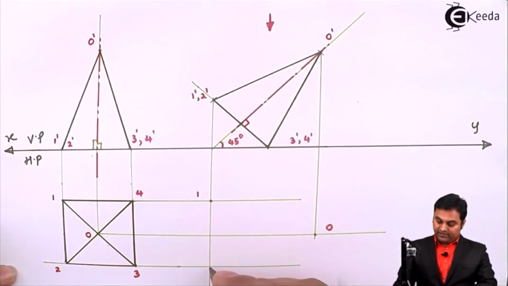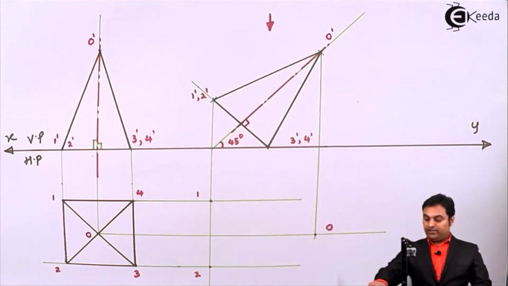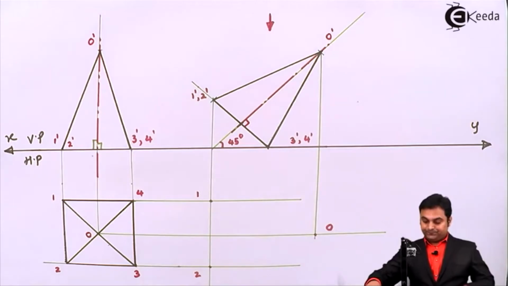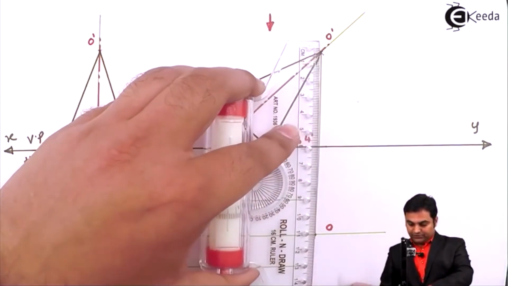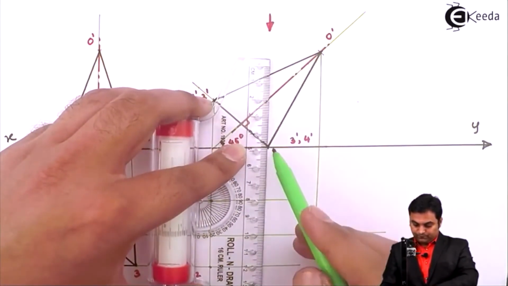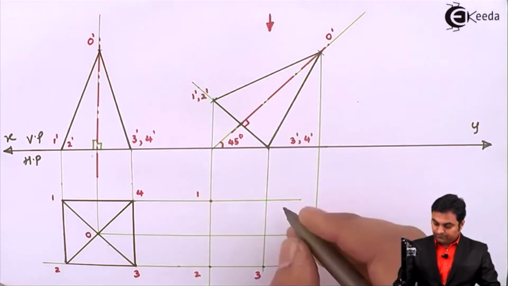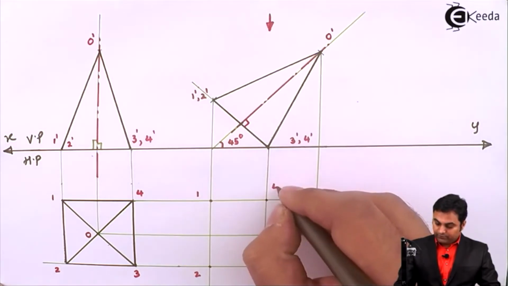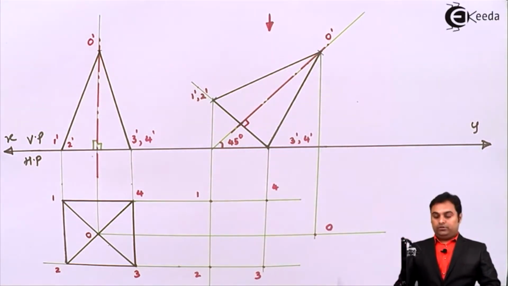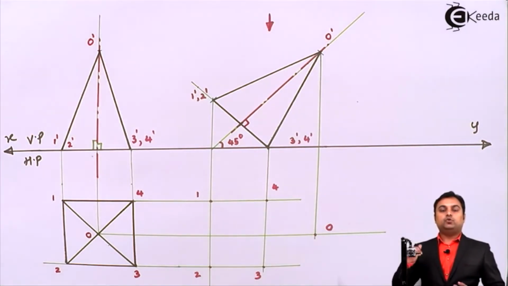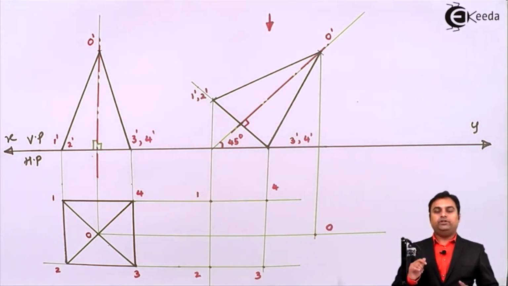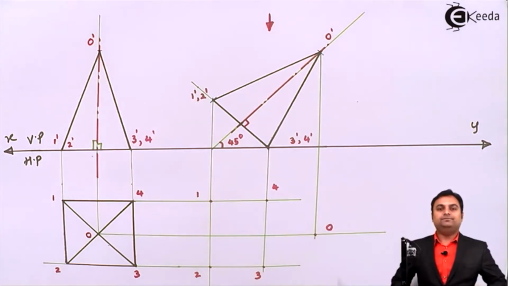On the same line we have point 2 as well. Next, for 3 and 4, I'll draw the projections. So here there is point 3 and point 4. Now I have to connect the points based on the visibility. So when looking from the top, point O, which is apex, is visible.